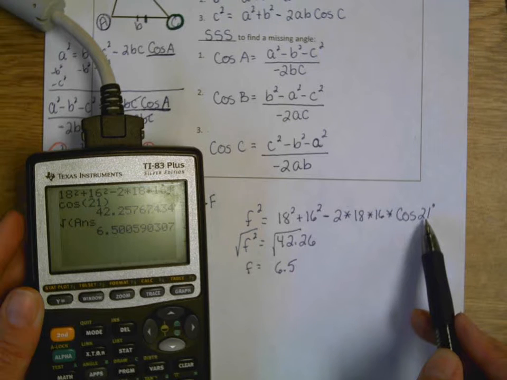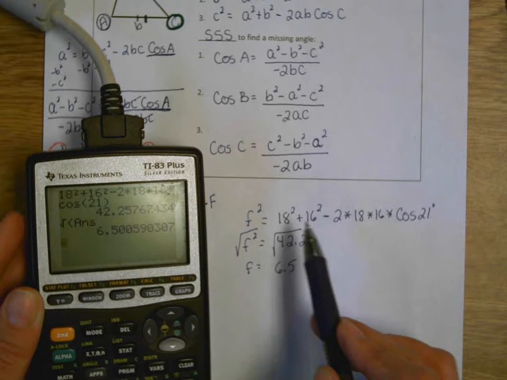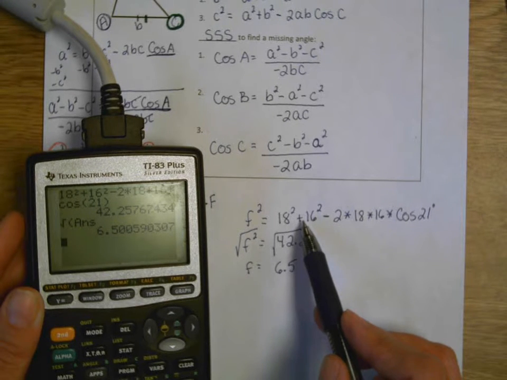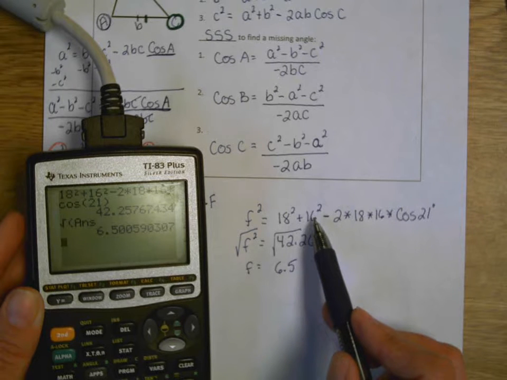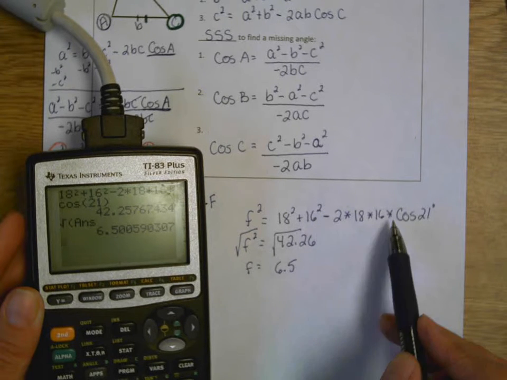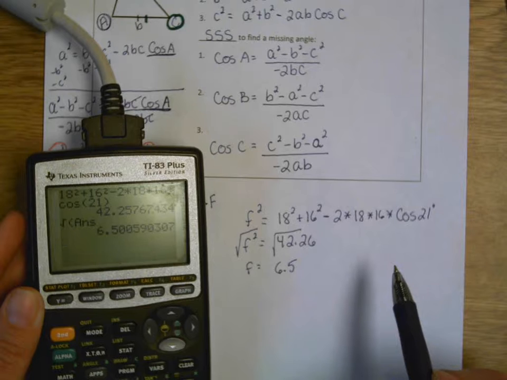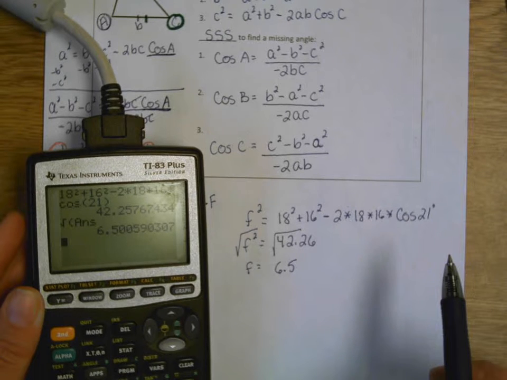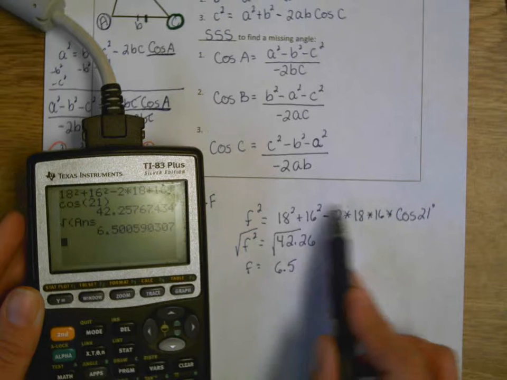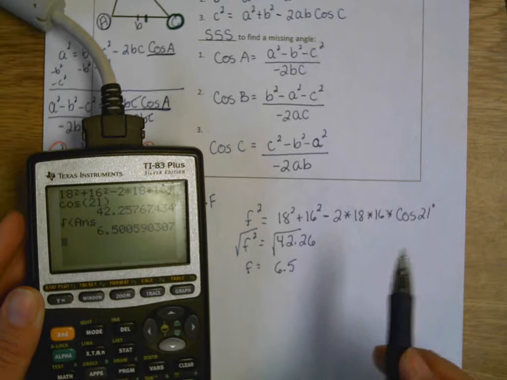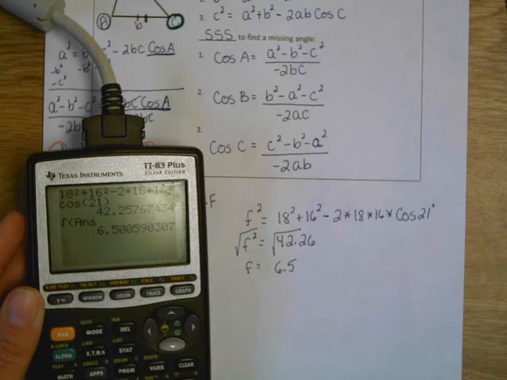Equals? Okay, so now do 18 squared plus 16 squared minus that answer. Okay. Yours seems like it should do the whole thing in one line. Try it again. Try it all in one line.